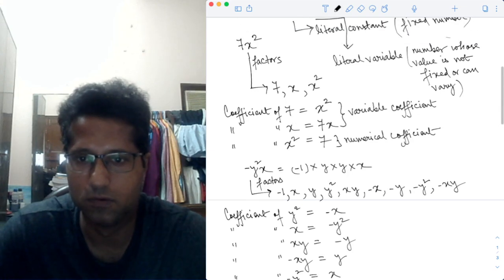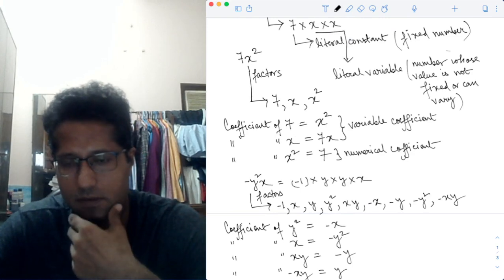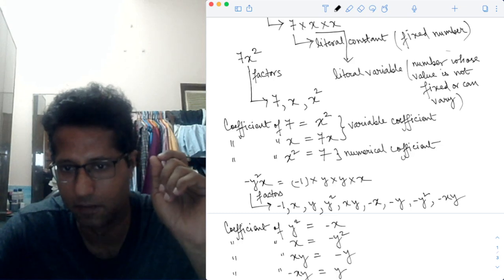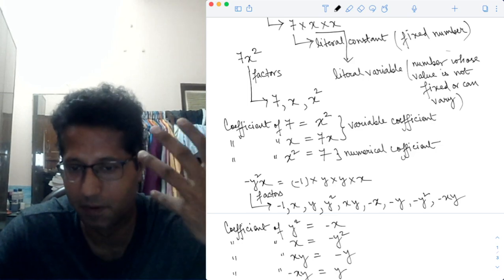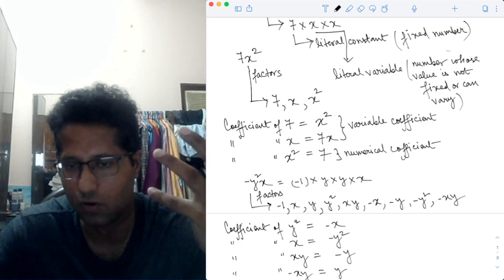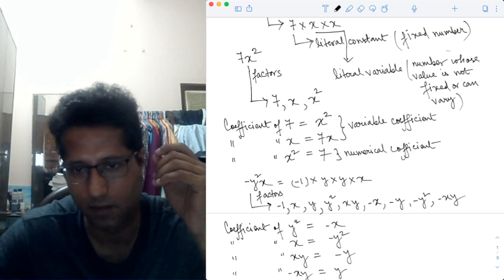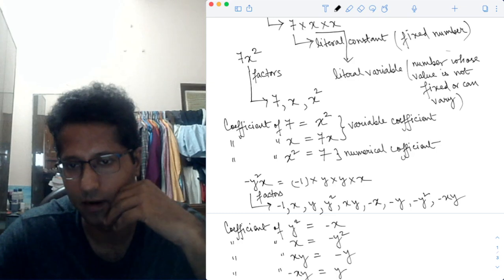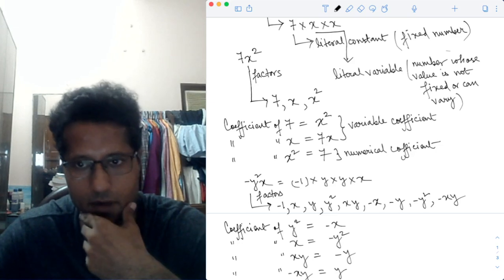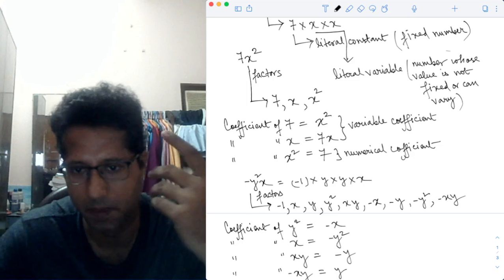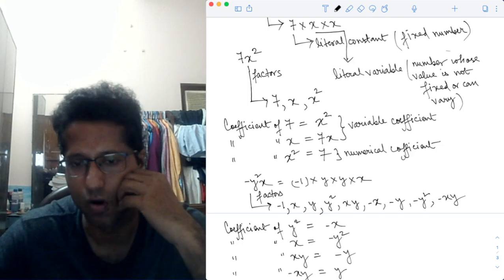Now, two things to keep in mind, that coefficients are of two types: variable coefficients, meaning in the coefficient, if there is a literal variable, which we denote by small letters a, b, c, d, x, y, z, any coefficient which has some literal variable, so they are variable coefficients. And if in a coefficient there are no literal variables, it will be a numerical coefficient, that is, it has only some constant.